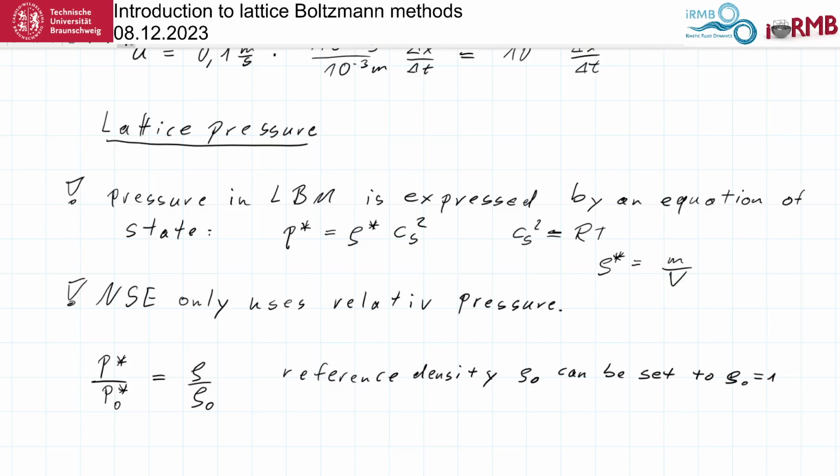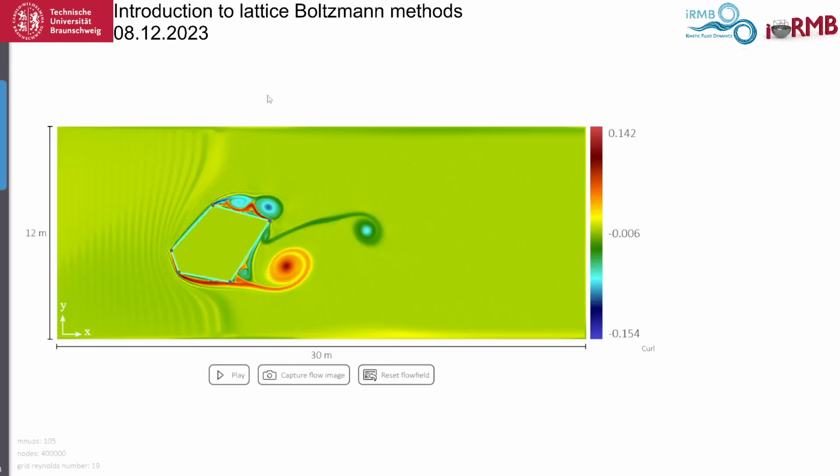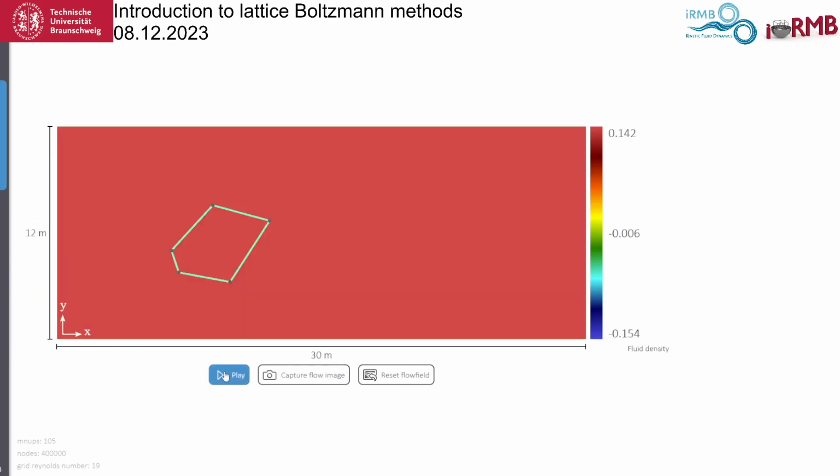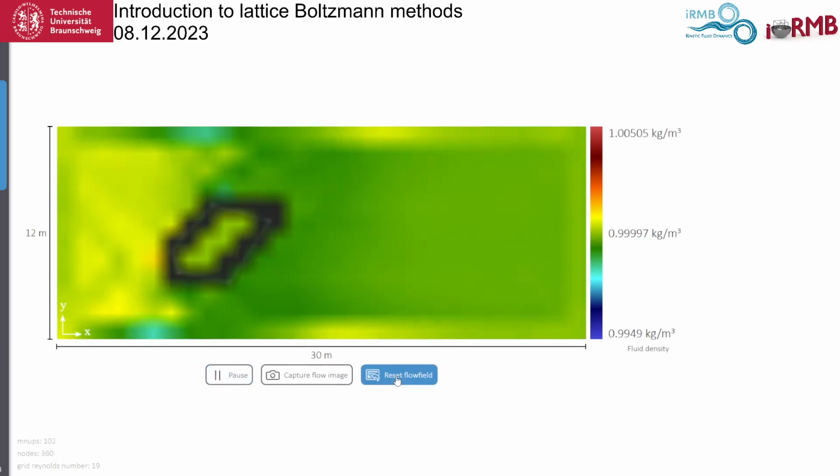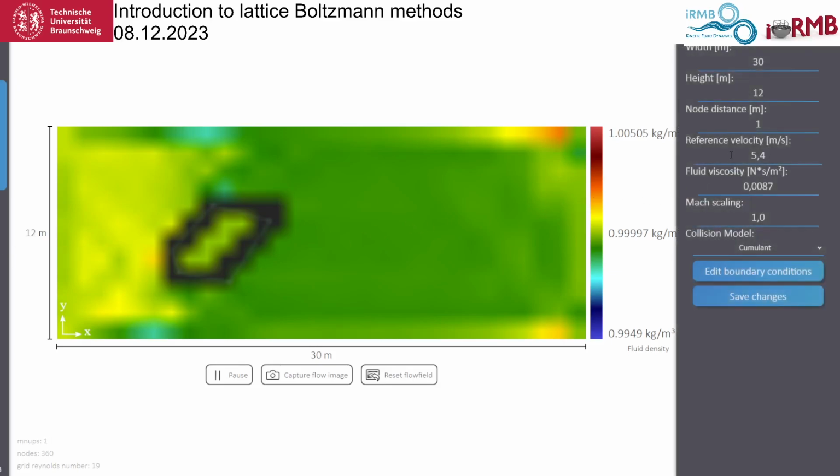For example, when we go briefly back here, turning on our density and playing this a little bit. Okay, you see the density. There's a small problem with the resolution here. I'm sorry for messing this up.